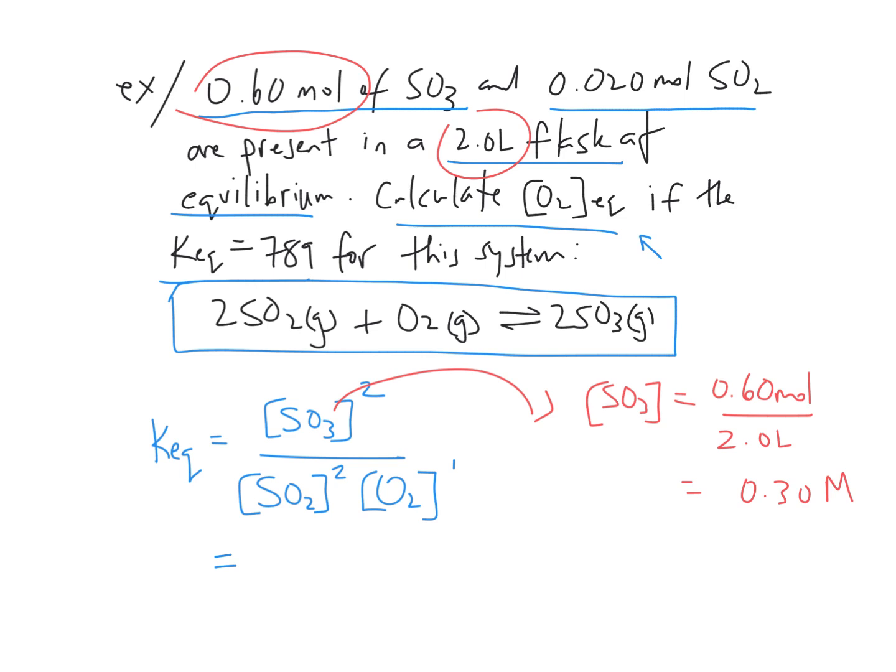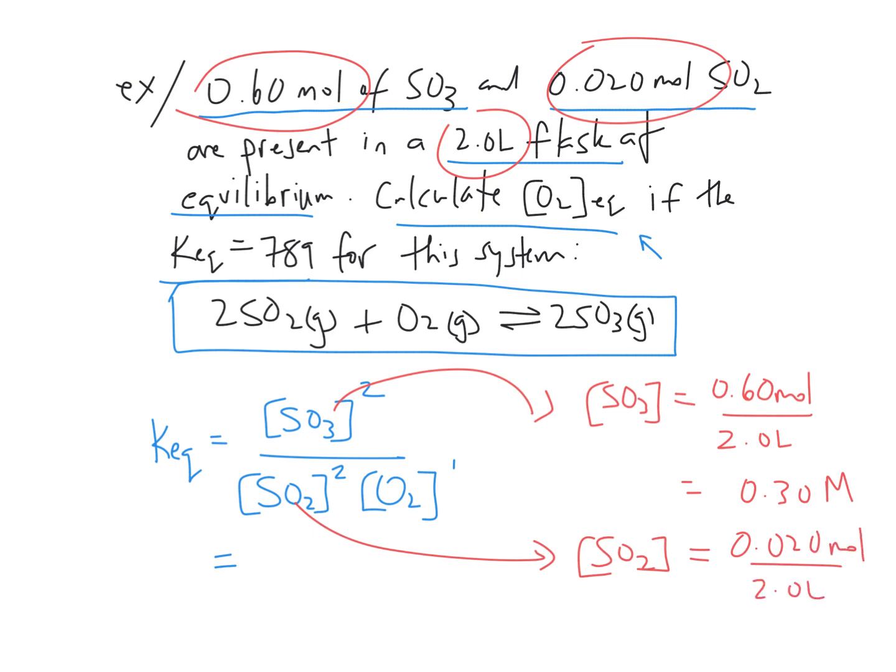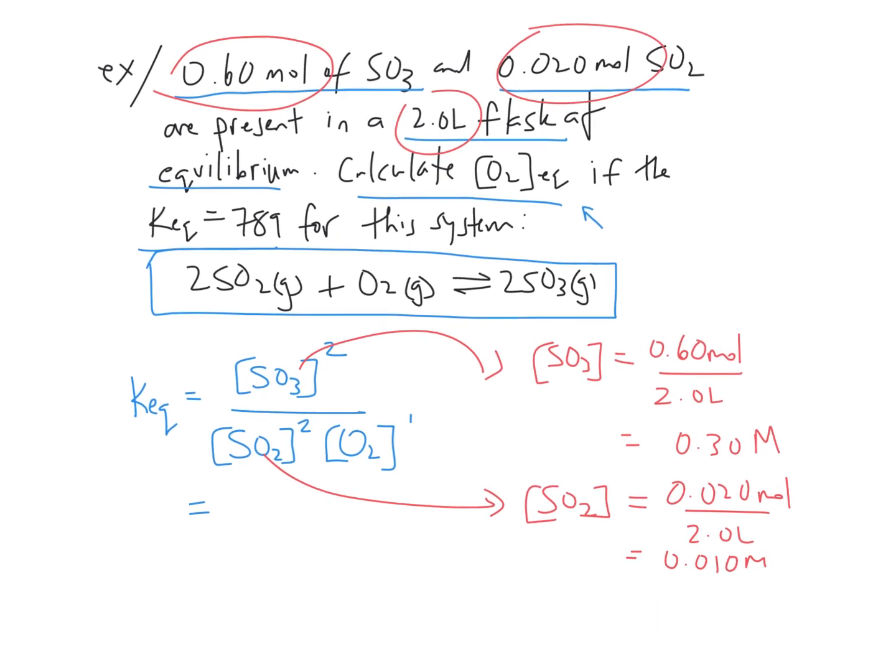You can do the same with the SO2. It's 0.02 moles over 2 liters, so that's going to give you a concentration of 0.01 mole per liter. Then we're going to put that in.